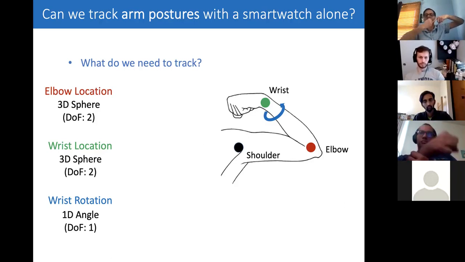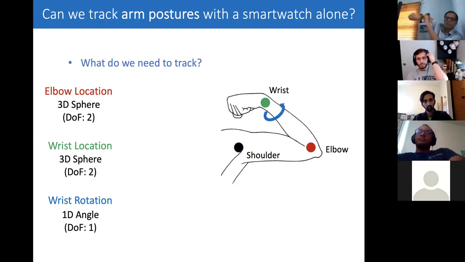I want all of you to kind of do it as you listen to the talk, right? So this is the axis. What are the other axes? This axis, right? But this axis, your watch is not going to measure, right?